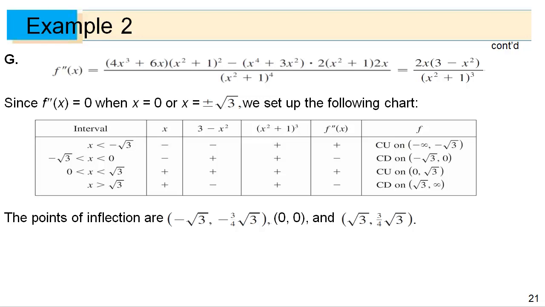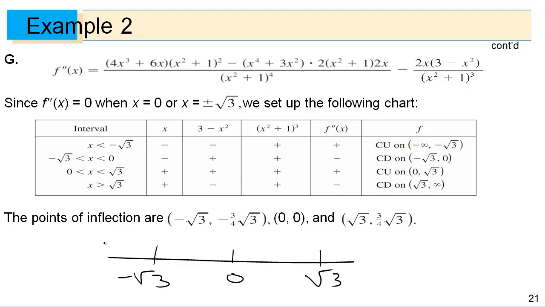Remember, this is very similar to the first derivative test where you've got negative root 3, 0, root 3, and then you just pick something in each of these intervals and test it in the second derivative to figure out when it's positive and when it's negative, and that tells you when it's concave up and concave down.